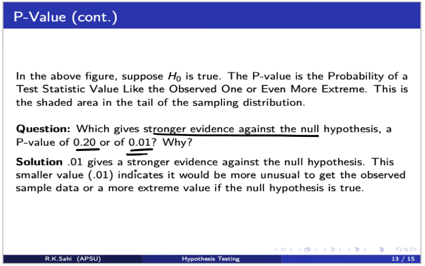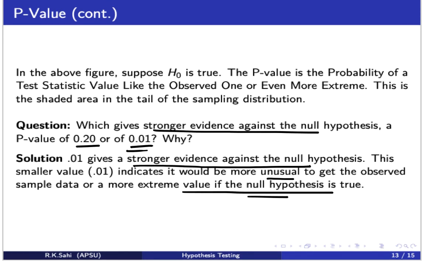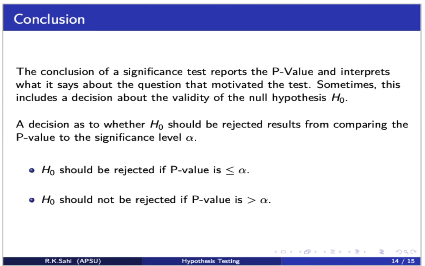Definitely 1% will give us stronger evidence against the null hypothesis. That means this p-value is indicating something unusual is happening with that test statistic, given that the null hypothesis is true.